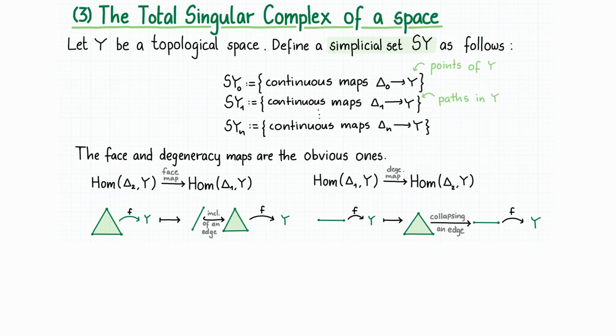I've written down a couple of examples. What you do is you take a map from the 2 simplex to Y and you pre-compose it with the inclusion of an edge if it's a face map, and otherwise you pre-compose it with the collapsing of an edge if you're going to talk about a degeneracy map. With all of this, these maps satisfy the simplicial axioms and you get a simplicial set.